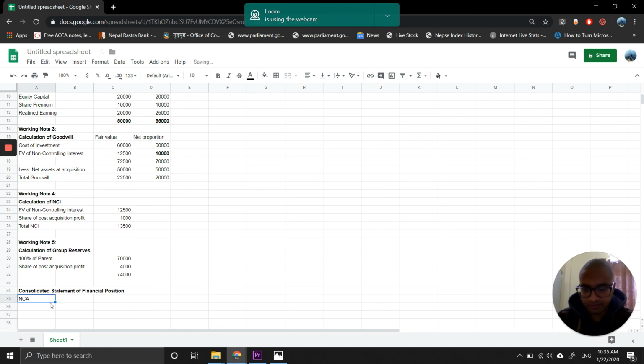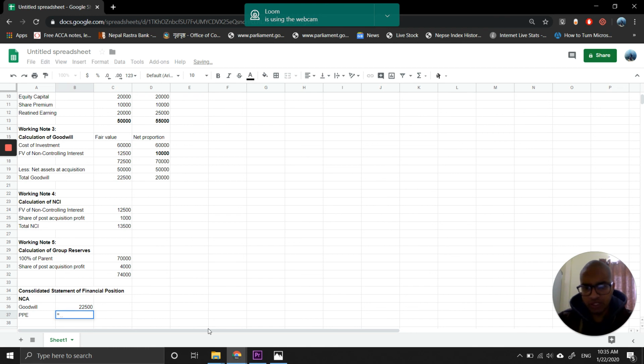Non-current assets: first thing, always remember when you're acquiring something, you might have a goodwill. So always keep that figure, otherwise you might tend to forget it. So our goodwill is this figure, and then we have PPE.